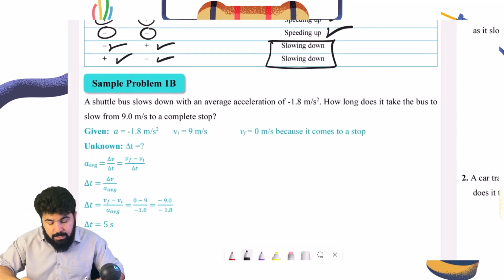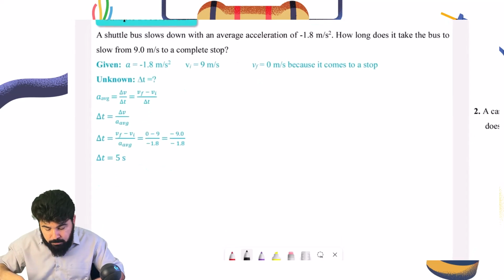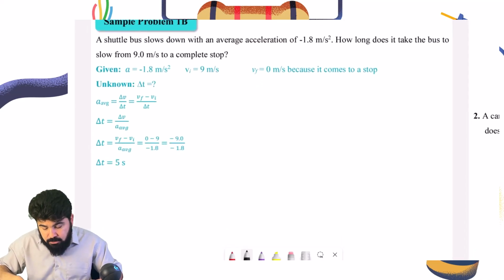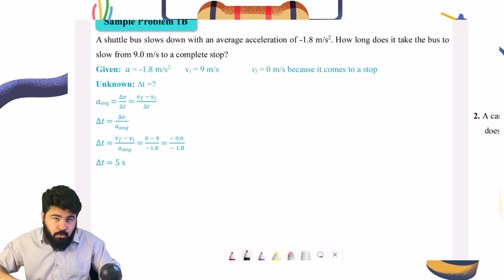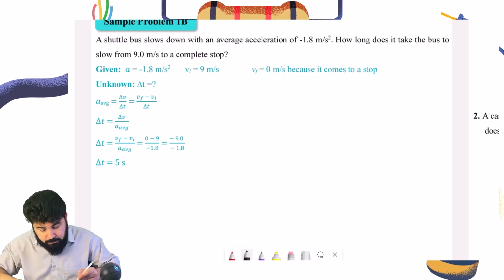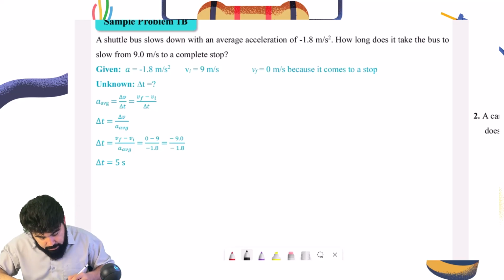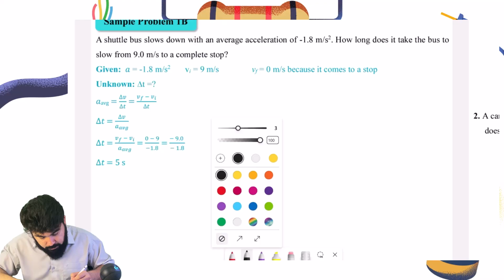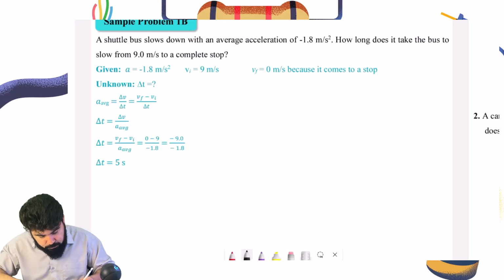It says a shuttle bus slows down with an average acceleration of negative 1.8 meter per second squared. So we have acceleration, which is equal to negative 1.8 meter per second squared.